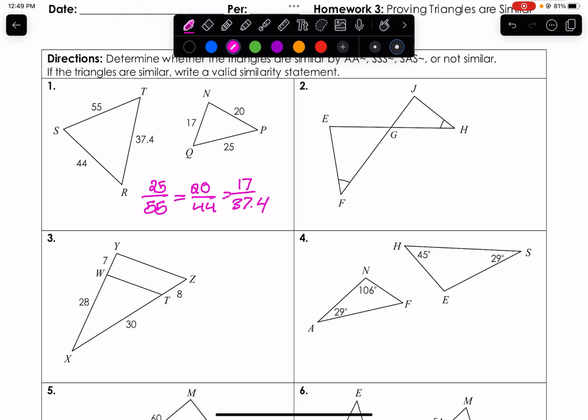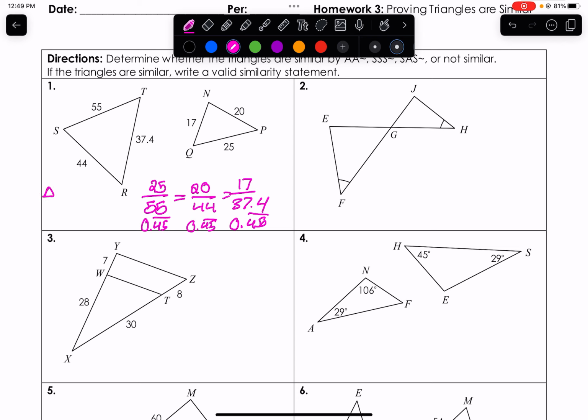So if we check, 25 divided by 55 is 0.45 repeating. 20 divided by 44 is 0.45 repeating. And 17 divided by 37.4 is 0.45 repeating. So these are similar.